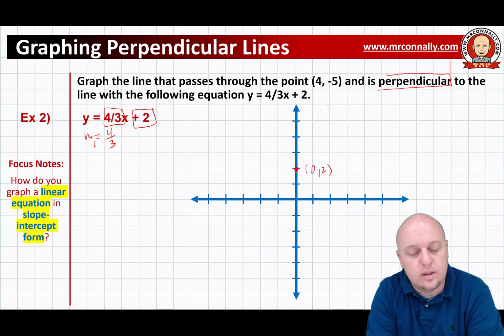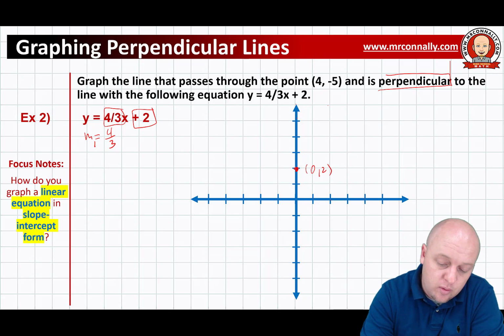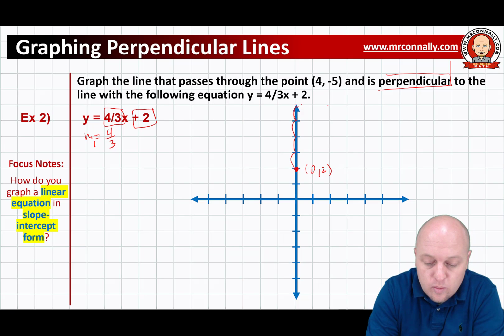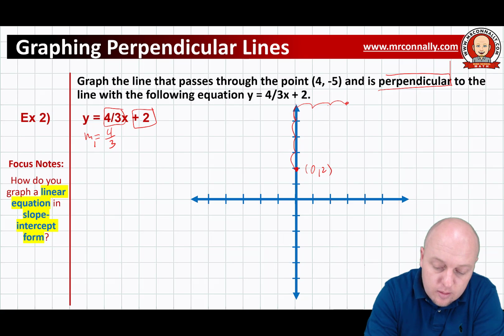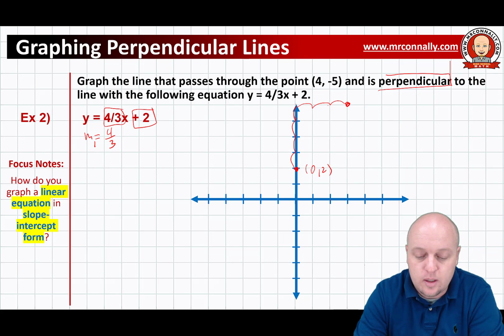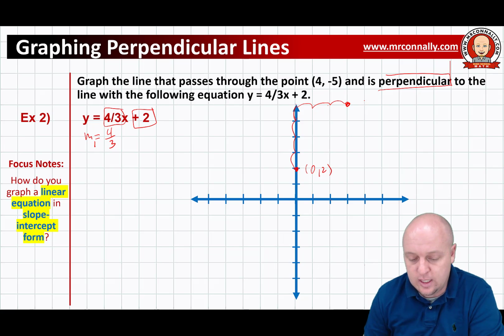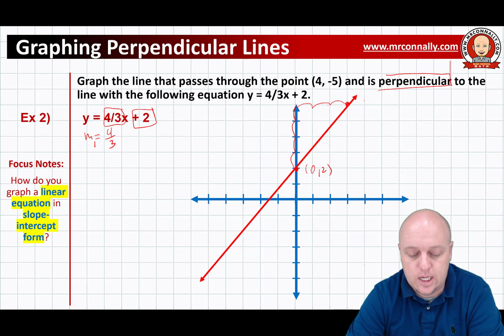Okay, and then the slope is 4/3, so from this point we can just go 1, 2, 3, 4 up, and 1, 2, 3 to the right. And there we have our second point, and now we can use our straight edge to draw our line.